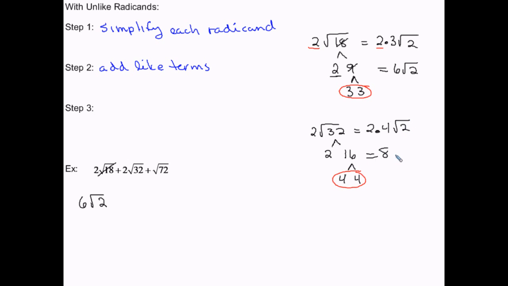So I get 8 times the square root of 2. So 2 times the square root of 32 becomes 8 times the square root of 2. And the square root of 72, 72 is 2 times 36, and 36 is a perfect square. And so I get 6 times the square root of 2.